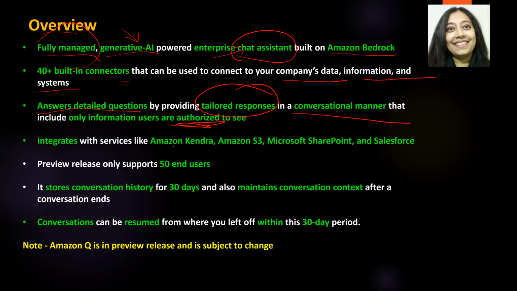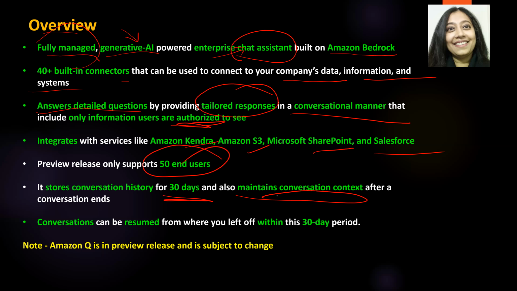It integrates with services like Canva, S3, SharePoint, and Salesforce. In the preview version, it only supports 50 end users. Most importantly, it stores the conversation history for 30 days and it also maintains the conversational context after the conversation ends.